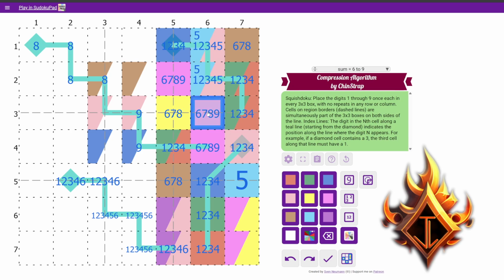Dark purple. I'm gonna get a lot of 4 sections, aren't I? How did I... Oh yeah. Well... Dark purple doesn't go there.